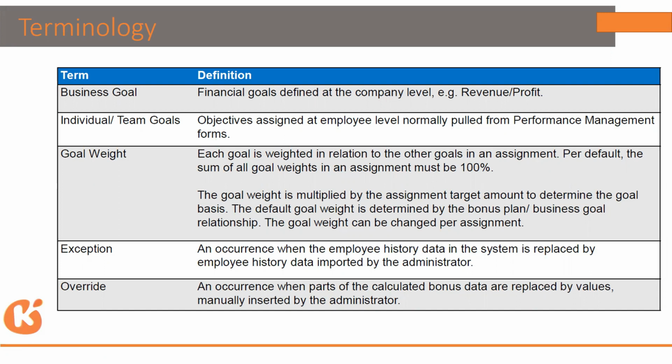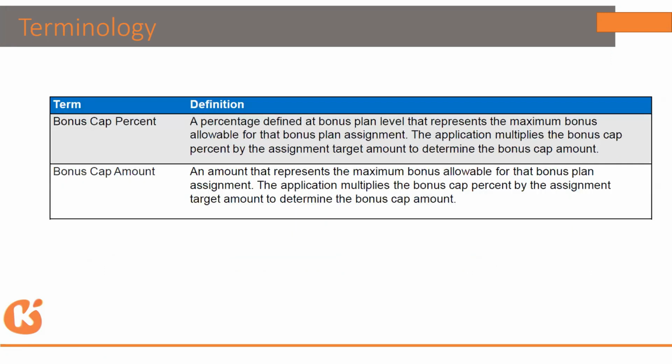Override is something like when you're overriding something. Then you have a bonus cap percentage and bonus cap amount. It's just that you're giving the highest amount a particular department or division can go for. You're setting the cap, so beyond this amount or this percentage, you cannot increase the amount.